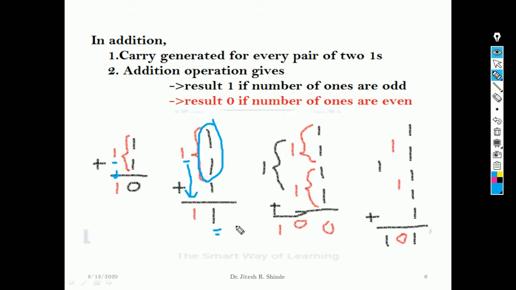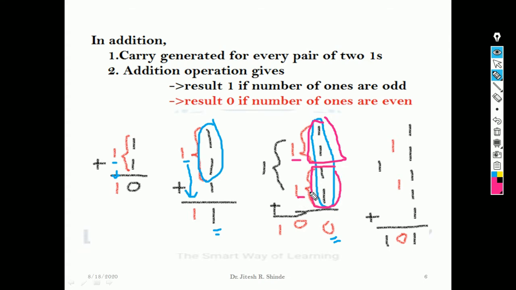Similarly, here we have four ones. The number of ones here is even, so the result of this four ones addition will be 0 here. Now for every two ones, one carry will get generated. So 1 is generated because of this pair, and this 1 is generated because of this pair.